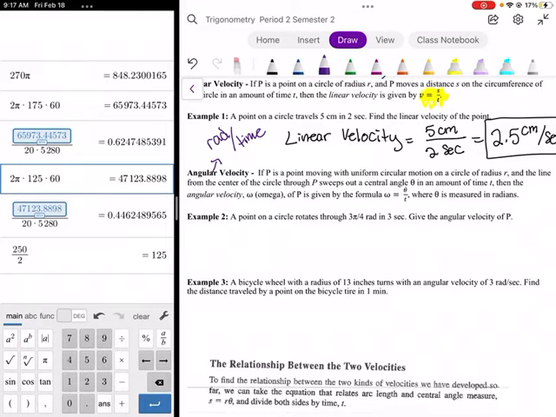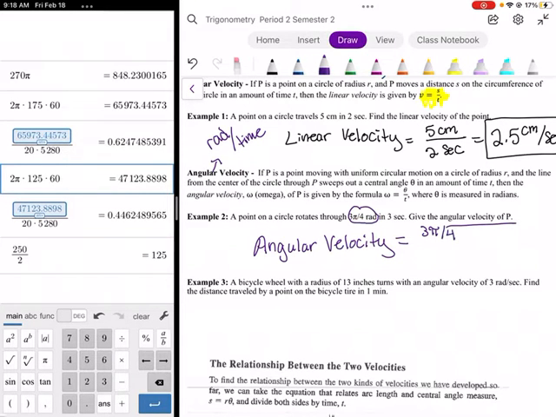So our example 2, a point on a circle rotates through 3 pi over 4 radians in 3 seconds. Give the angular velocity of p. So we know the angular velocity is equal to our radians per time.